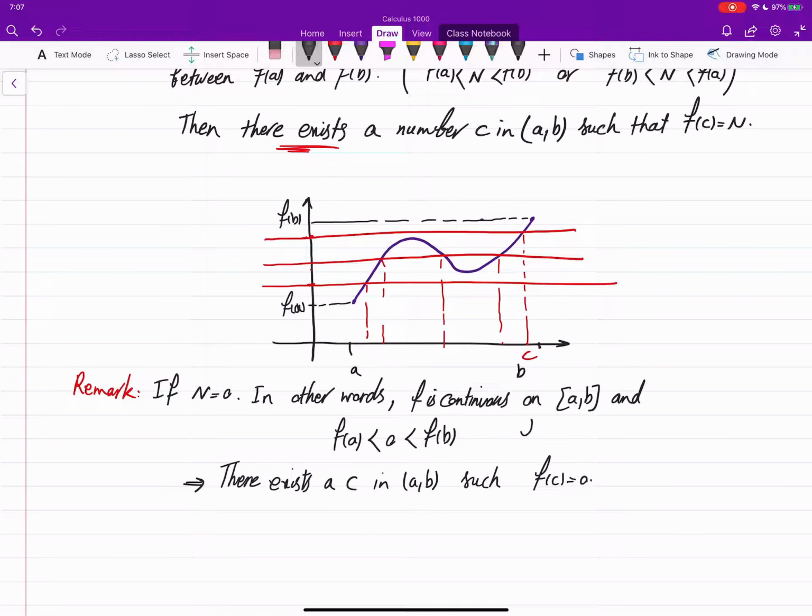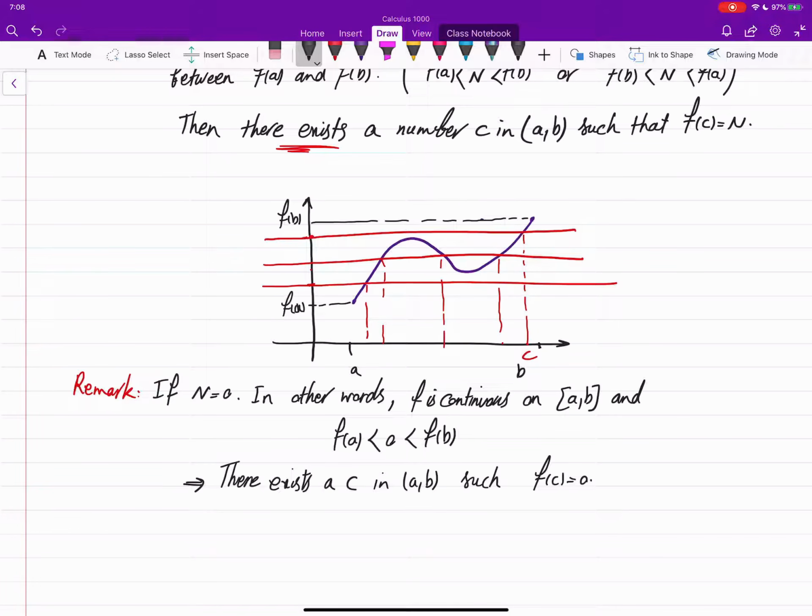So the IVT can be used to show that a function has a root, or an equation has a root, in an interval. The way I wrote here, you may say, do I need always f of b be positive, f of a negative?